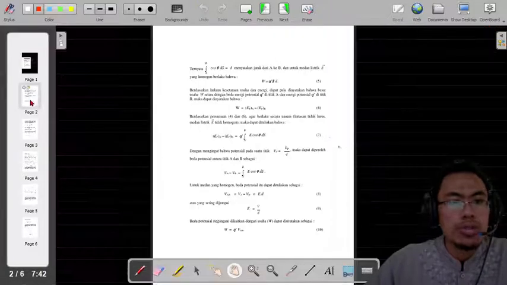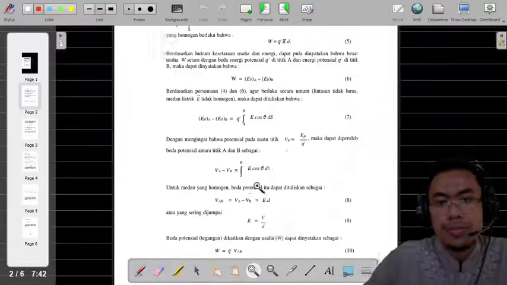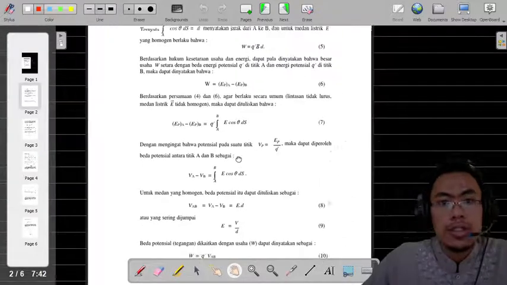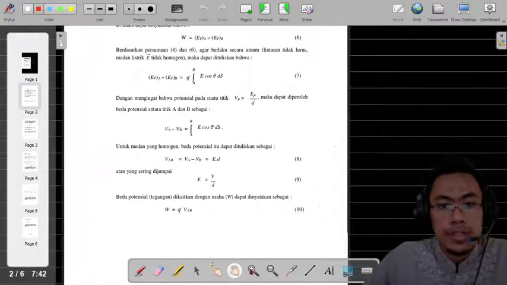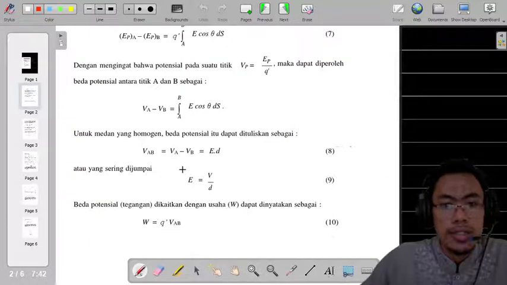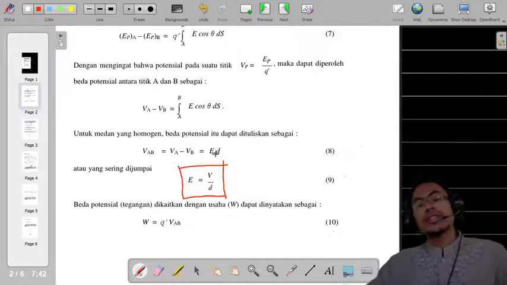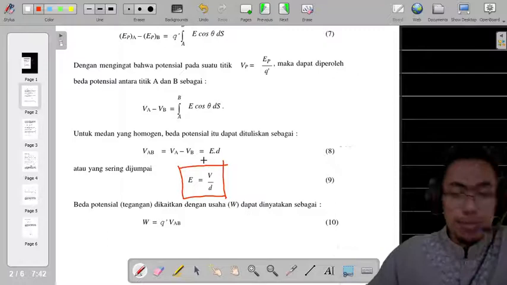So we can go to second page. Okay, so the first important formula is this one, so I will mark this one as an important formula.